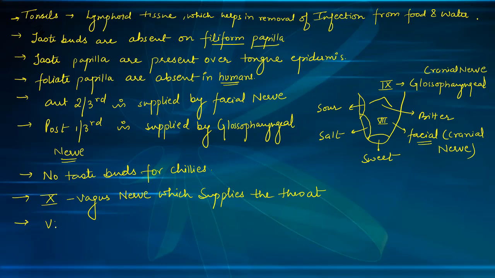Cranial nerve 7, cranial nerve 9, and cranial nerve 10 are the taste-sensing nerves present in the mouth.